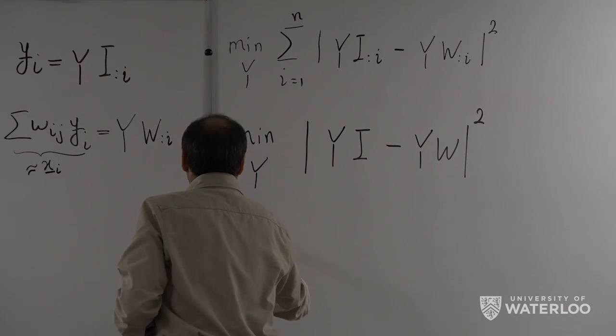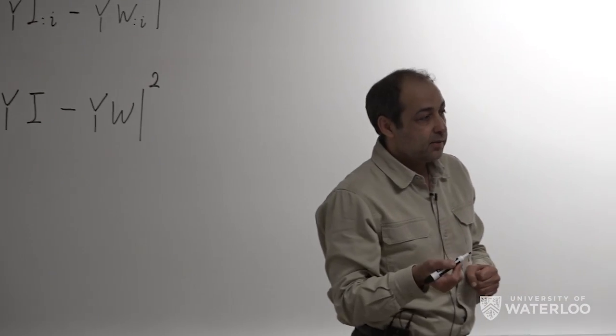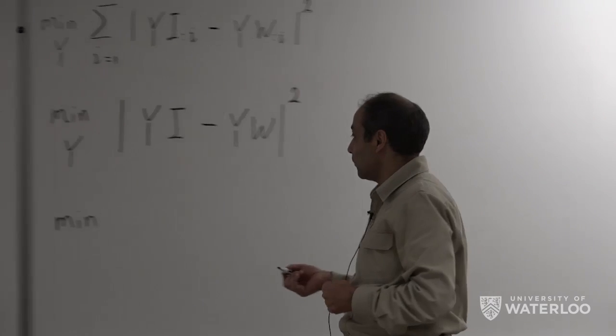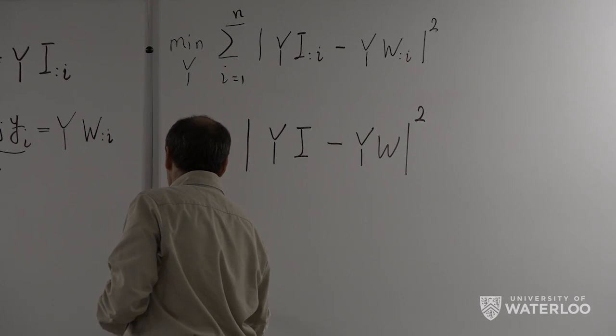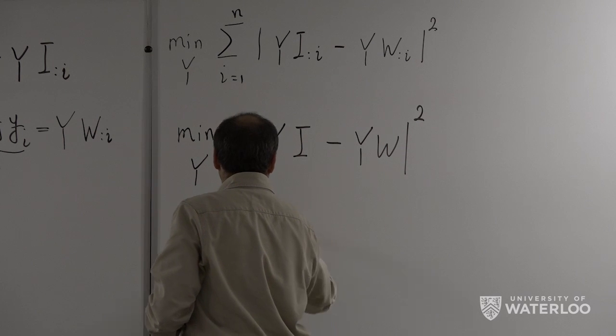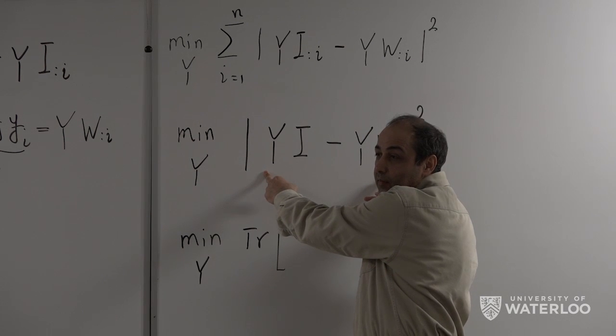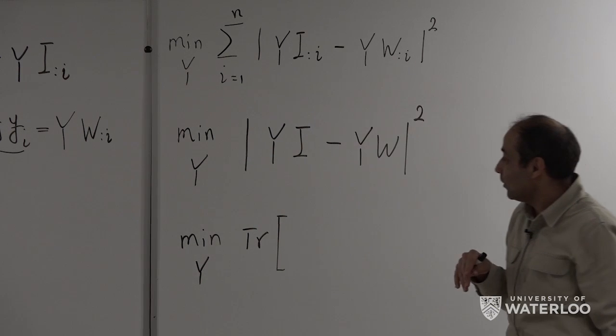So we know that the Frobenius norm can be replaced by trace. We can write the Frobenius norm in terms of trace. So it's minimization over Y of the trace of this matrix transpose times itself, right?